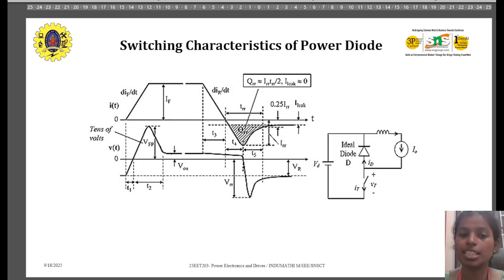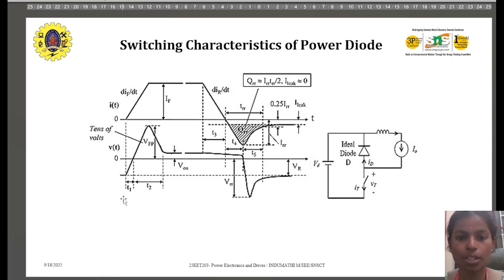So here we'll discuss why this is important. It determines the maximum frequency of operation, it affects efficiency, and it impacts heating and EMI in circuits. So here first we'll go with switch on, then we'll go with switch off.